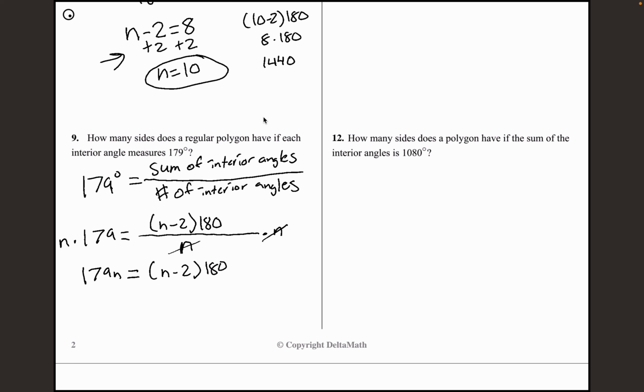Now, on this one, if I divide 180, it doesn't really do anything for us. So this time, we're going to do the distributive property and distribute 180 times n and 180 times negative 2. Okay, so when we have 180 times n, what is that? Yeah, it's just 180 n. Then what's 180 times negative 2?